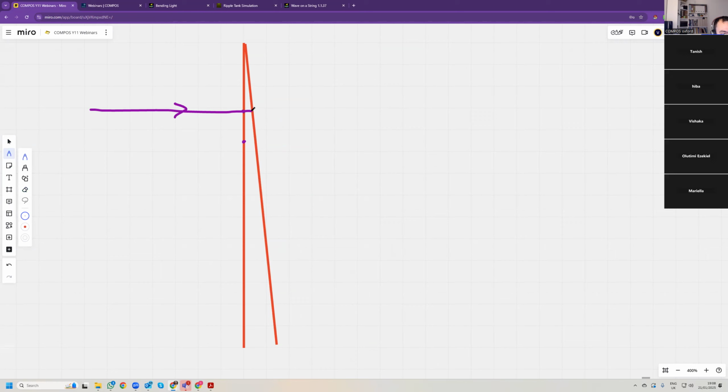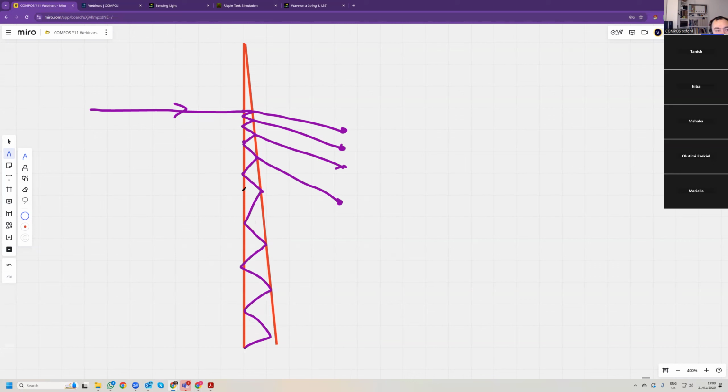Some of the light goes through, and it is refracted, reflected, reflected again, refracted, reflected, refracted, reflected. And as you can see, this angle gets bigger and bigger and bigger, and so at some point you just have internal reflection, and you have light bouncing back and forth and not reaching. So at some point you have total internal reflection.